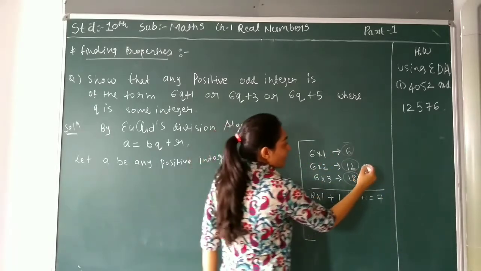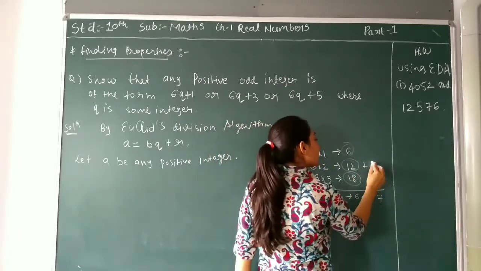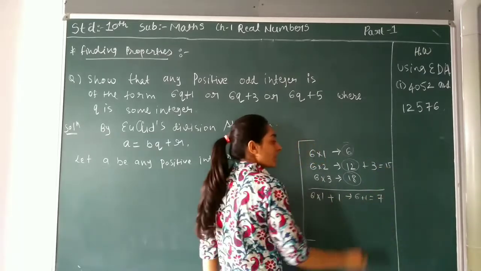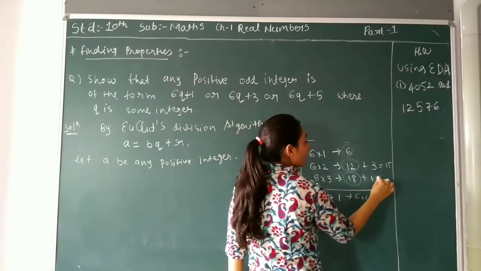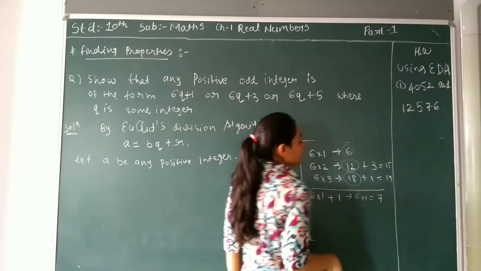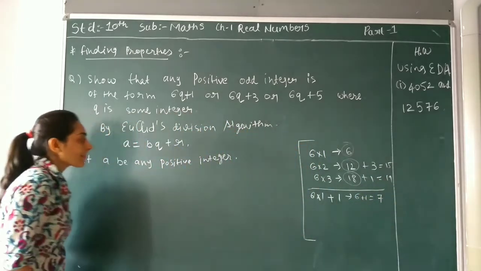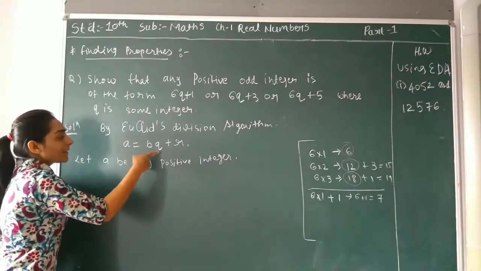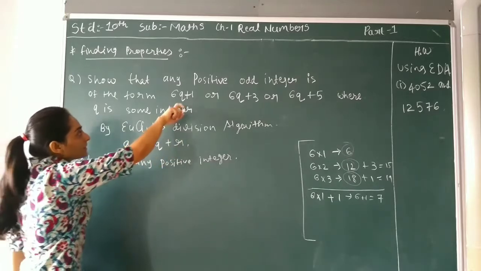Here is 12, so 12 plus 3, you will get 15, which is an odd number. Take any odd number, say 1 with 18, you will get 19.